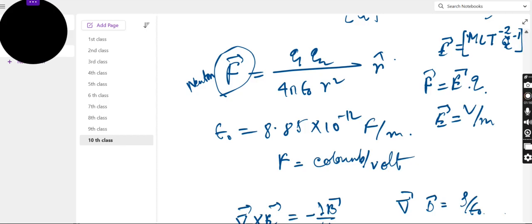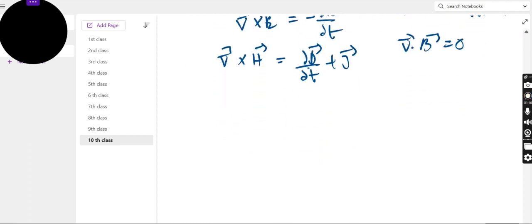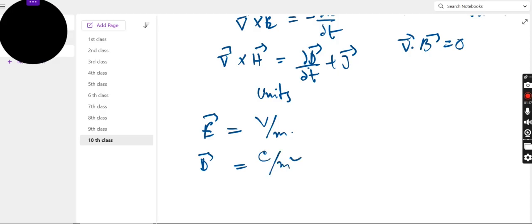So basically, this is the Maxwell equation. Force is basically electric field into charge, and I'm going to write the units of these. E is volt per meter. Displacement vector is coulomb per meter square.